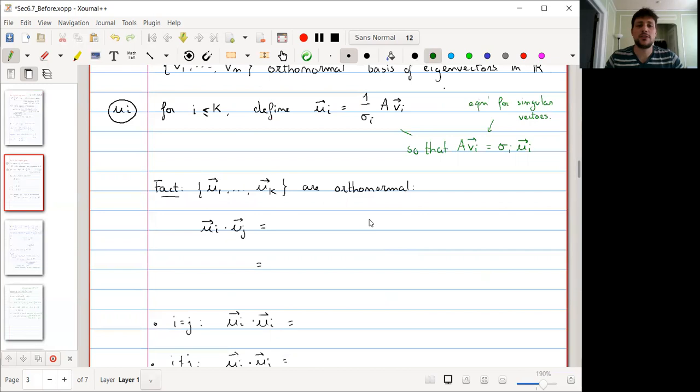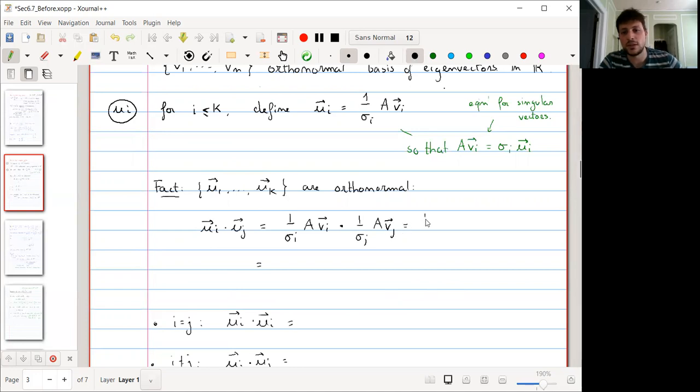And by just the definition here, it's not too bad to verify that these vectors ui from 1 to k are actually orthonormal to one another. So let's check it. If I compute ui dot uj, that's the same as saying 1 over sigma i A vi dotted with 1 over sigma j A vj.